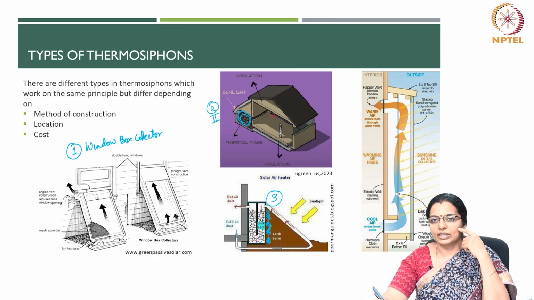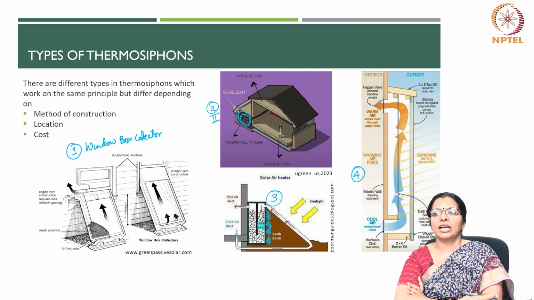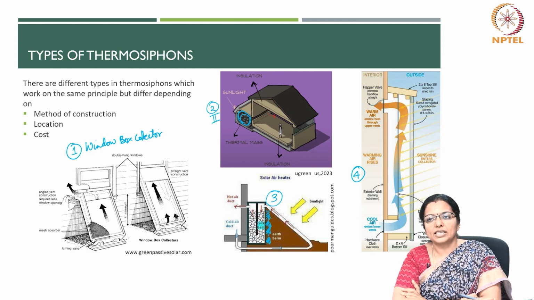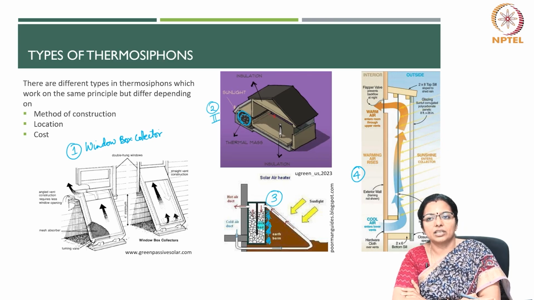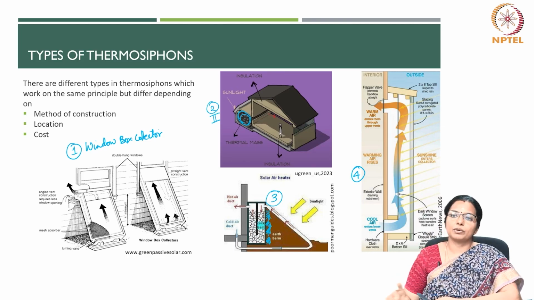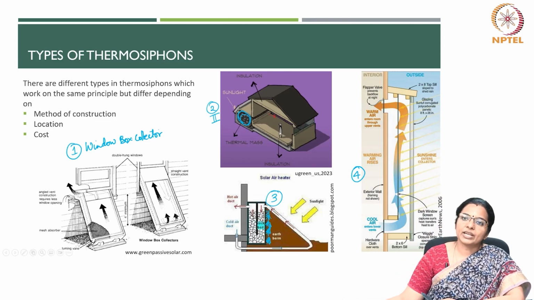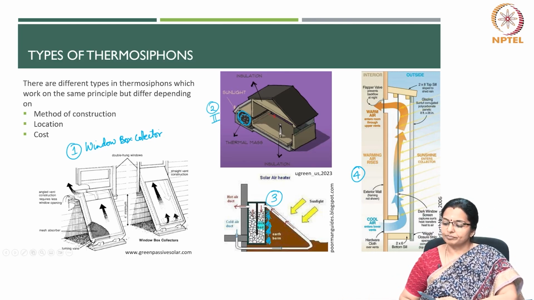And then the fourth is the wall solar air collector. This type can be installed on an equator facing blank wall of any building, during construction or as a later addition. It does not take up much space and is relatively cheaper as compared to the other types.